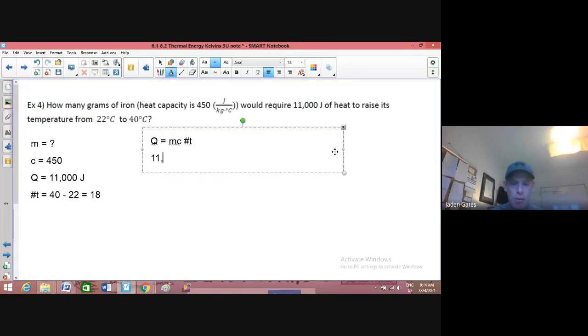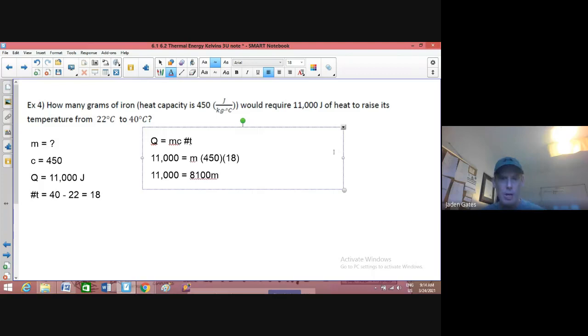Let's put in our numbers now. We've got 11,000 joules of energy. We're looking for the mass here. Our C value is 450, and we already figured out our change of temperature is 18. So just simplifying things here, I'm going to put together 450 times 18, and I get 8,100.